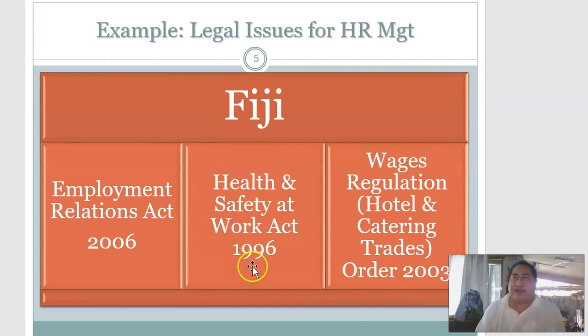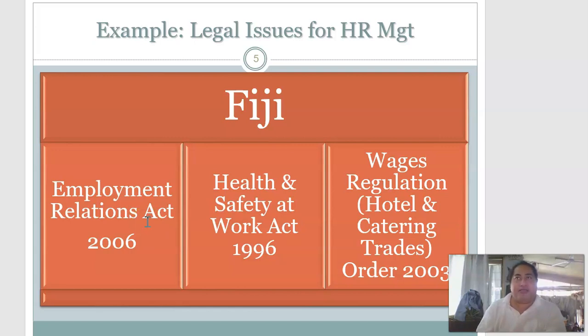The Health and Safety Act ensures that your work environment is OHS compliant, safe, clean, and must meet the standards stipulated by this act. Exactly like the Employment Relations Act, which will stipulate things like what's the minimum wage you should give a waiter or waitress? What's the minimum wage for a supervisor or manager?